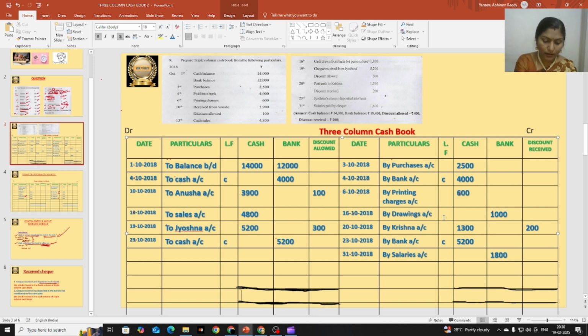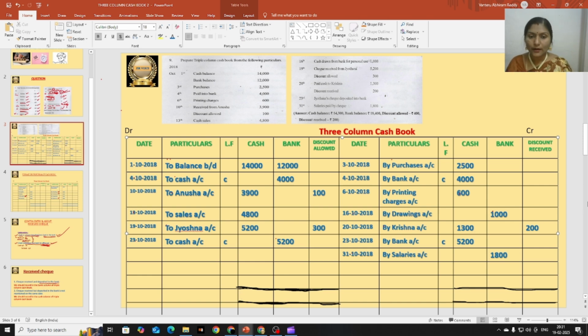And the cash column credit side total, how much is it? I am adding all those values here: 2,000 plus 2,500 plus 4,000 plus 600 plus 1,300 plus 5,200. So the credit side cash column total is 13,600.